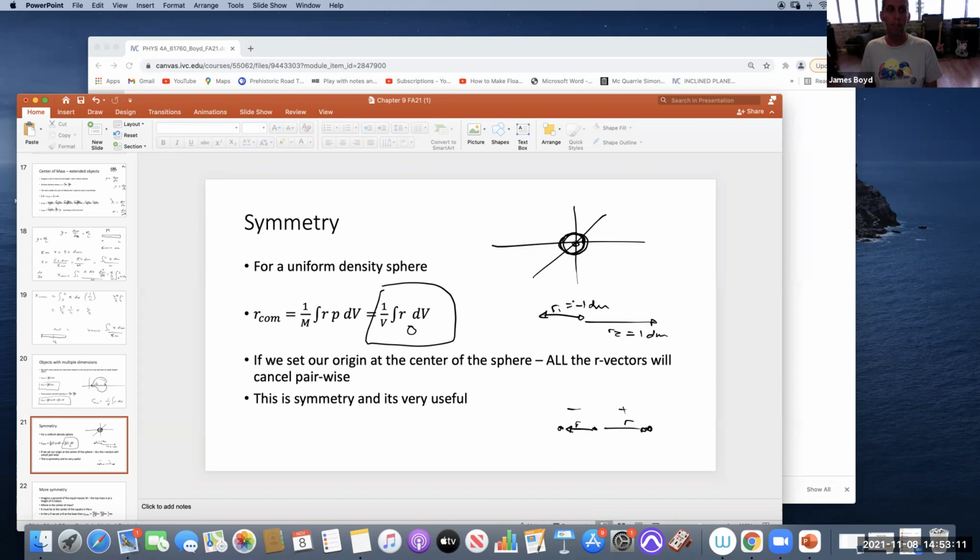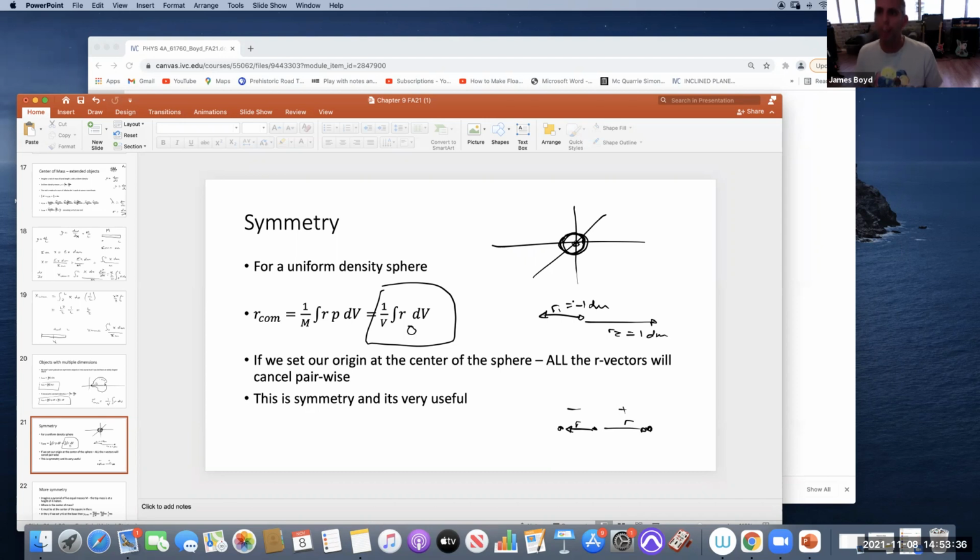Symmetry is very, very useful in physics because it sometimes allows us to compute things that we otherwise would have a very difficult time computing. Or at least in the old days. Computers now can deal with things that even 20 years ago would have required a very, very good mathematician.